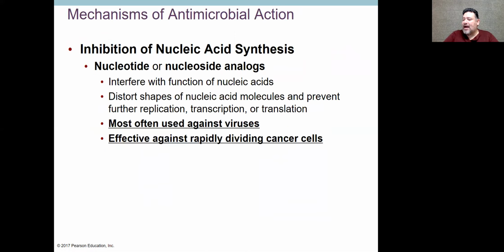Now we're looking at the use of nucleotide analogs, okay. Nucleotide analogs are used based on two criteria. One is that you have an organism that is reproducing very, very quickly.